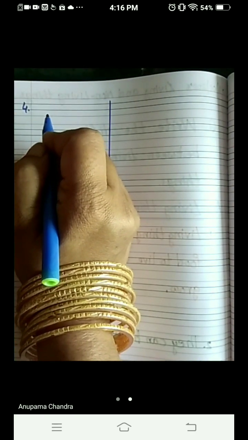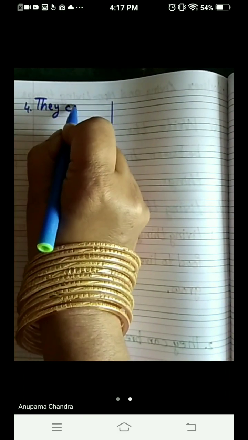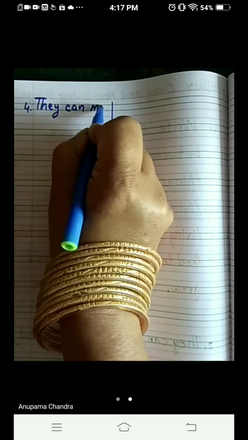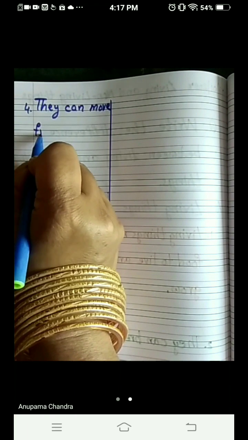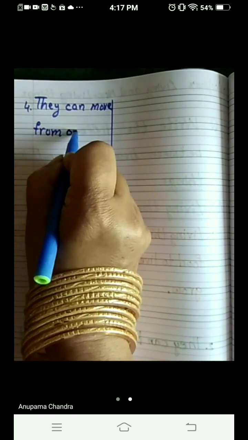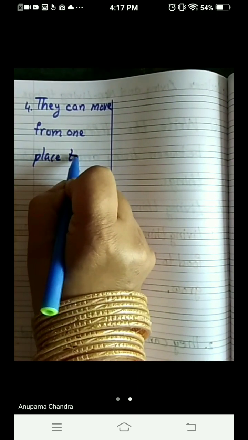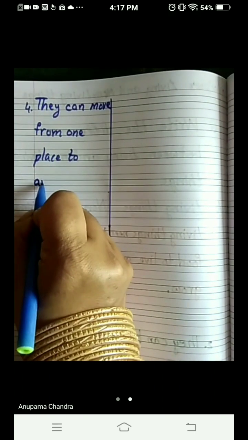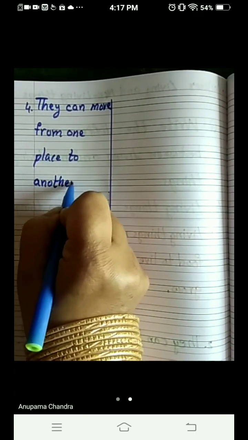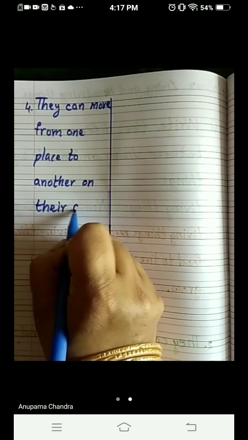So for living things, number 4 is they can move from one place to another on their own.